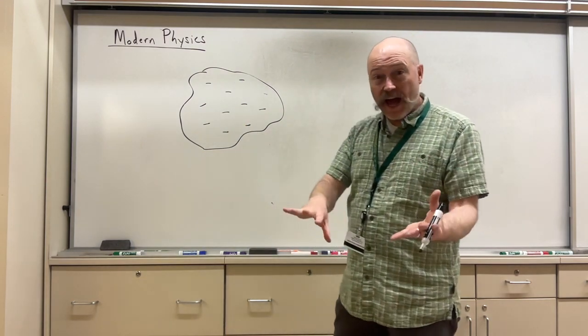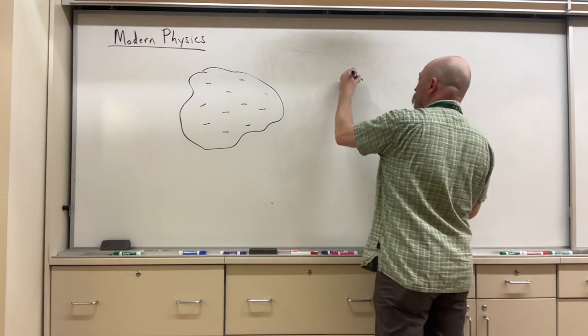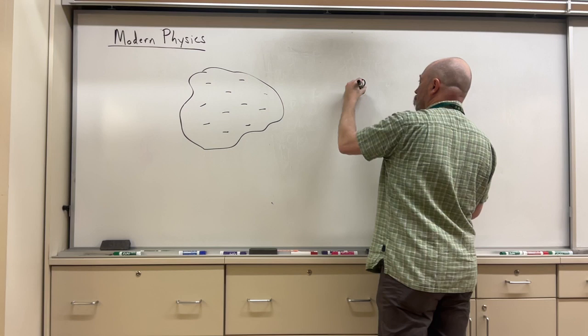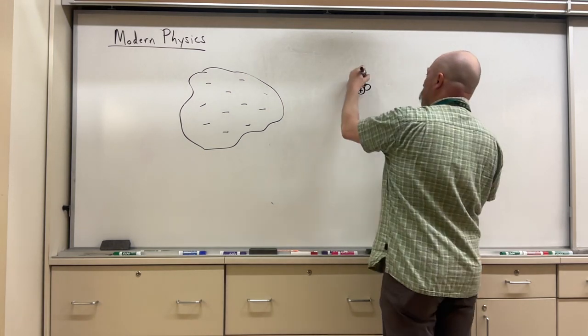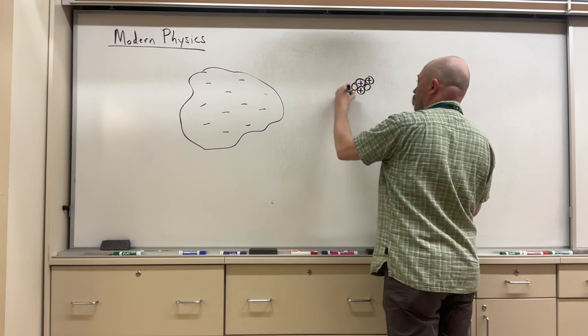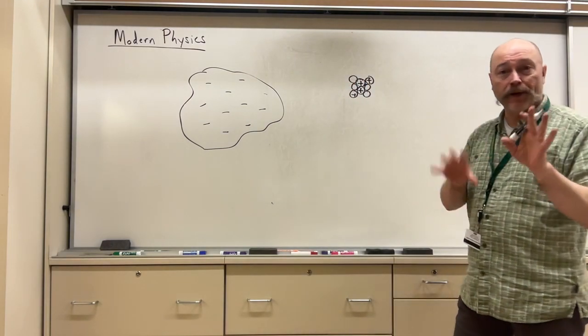But in reality, what happened, which makes sense, is if I have an atom, let's just say it's an atom, I have some positive charge and then I have some neutrons. Hopefully we'll talk more about that later.